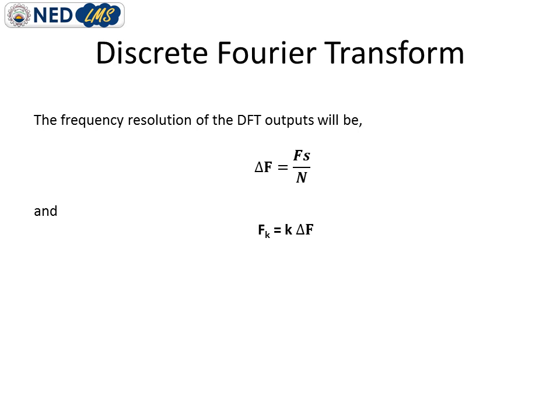So by putting the values of Fs and n, we get the value of frequency resolution, which is the distance between two consecutive spectral lines. And if we want to know the exact frequency, then we simply multiply k with that frequency resolution.